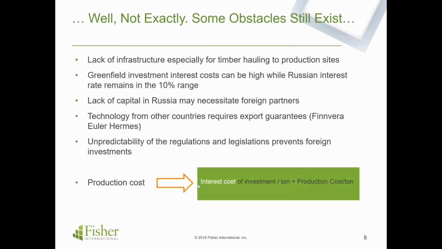So this might require foreign partners for investments to happen. Technology from other countries might require export guarantees for those providing this technology: Finnvera, Euler Hermes, Svensk Exportkredit are types of companies that do this.